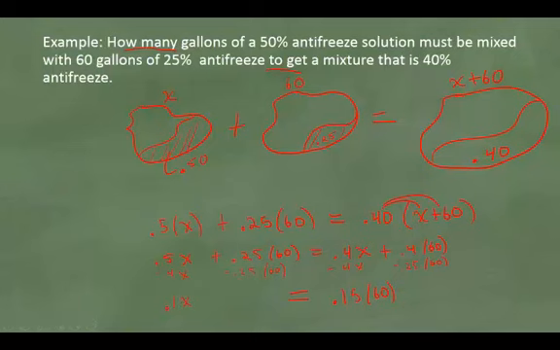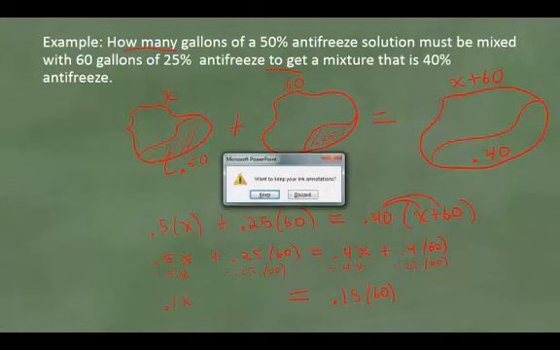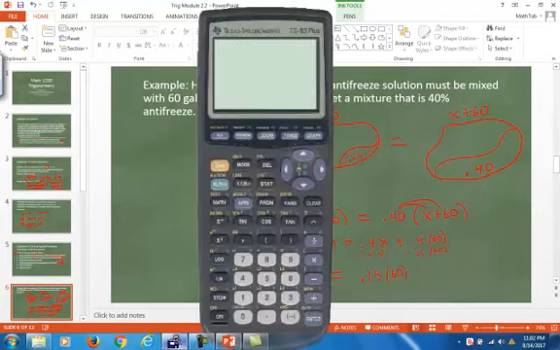Let's go ahead and try that on the calculator here. It's easy, it's just multiplying by 10, but let's do it. 0.15 times 60 divided by 0.1, or times 10, will give us 90.